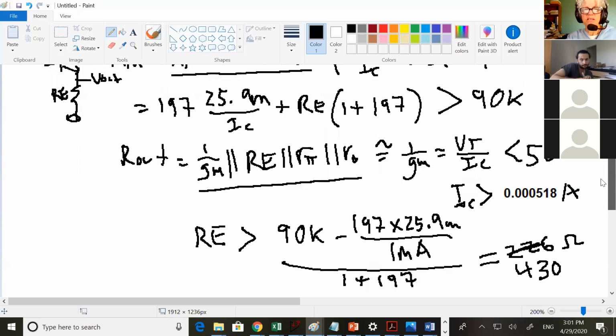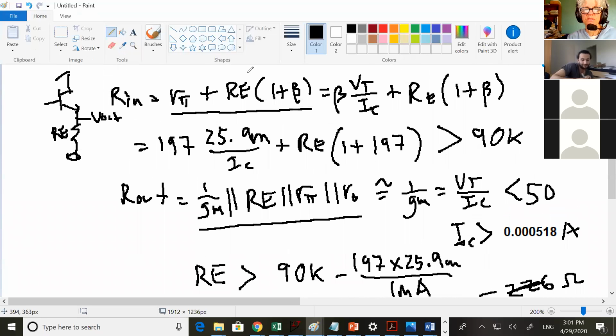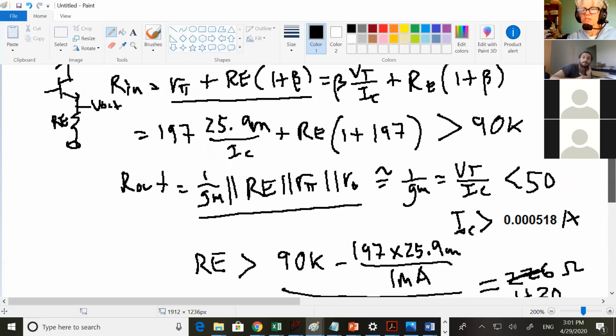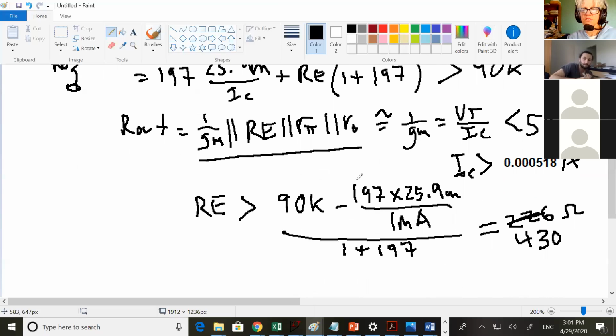And going back to this first equation up here, this equation for Rn, I moved everything around so that Re equals this, putting in your value for IC. That gives you 430 ohms for Re.